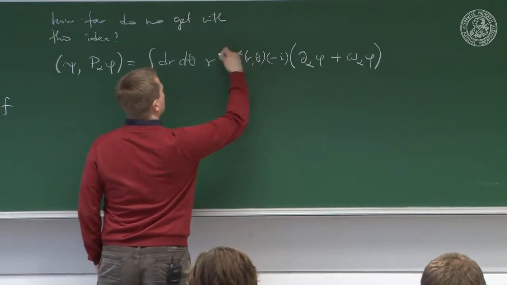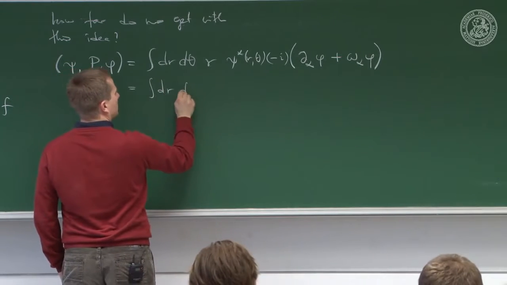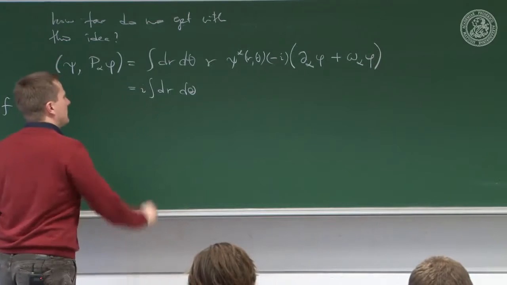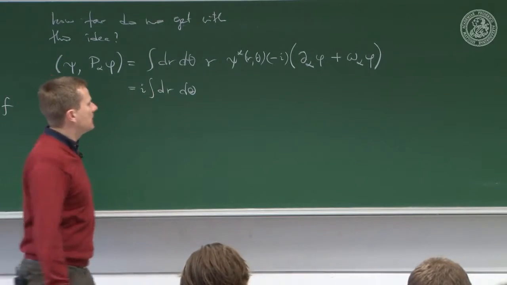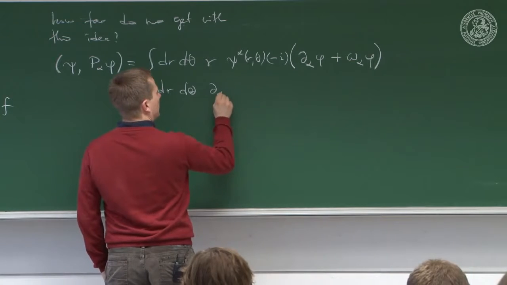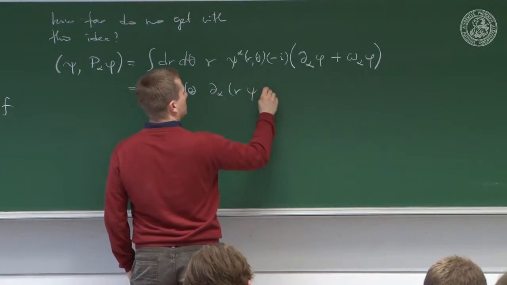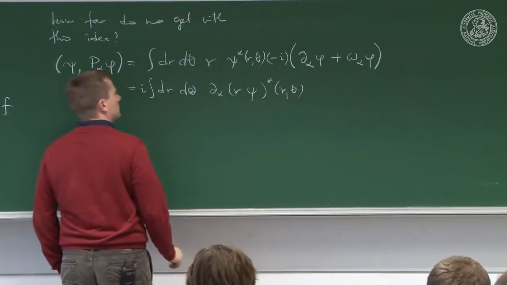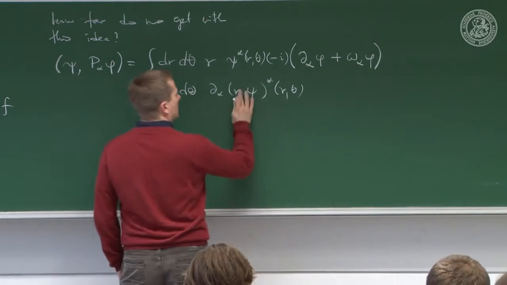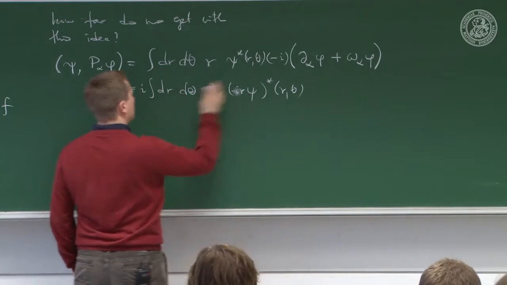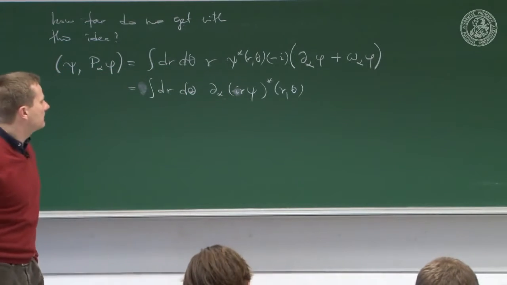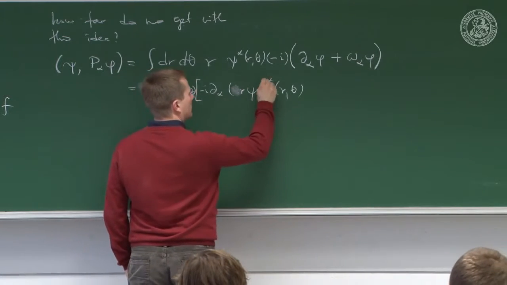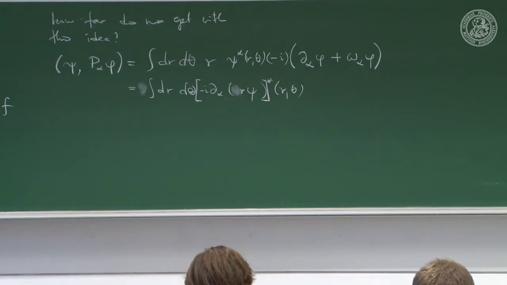Now we do precisely the same calculation. We pull this over to here. This is dr d theta. The minus I becomes an I because of the integration by parts, del alpha of r psi star of r and theta. Okay, so we pull the I in here again. It's a minus I, I'm sorry. I pull the I here and it's the same thing.